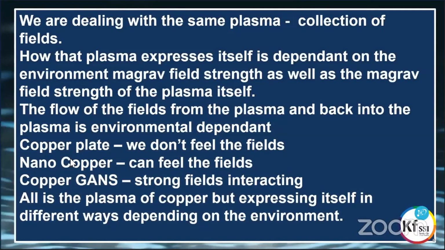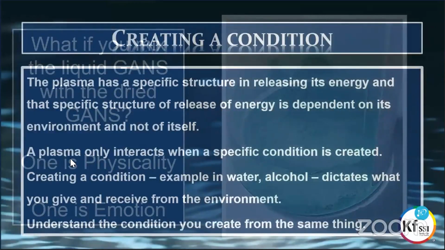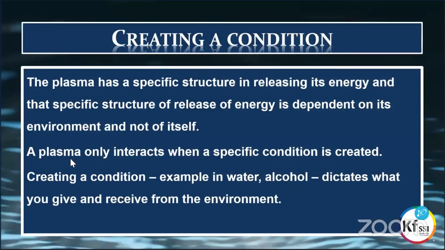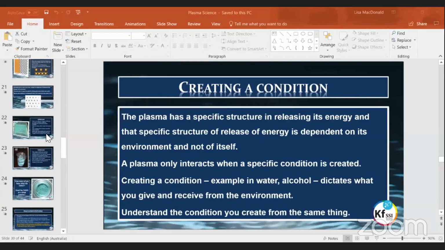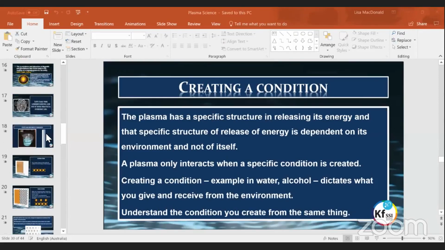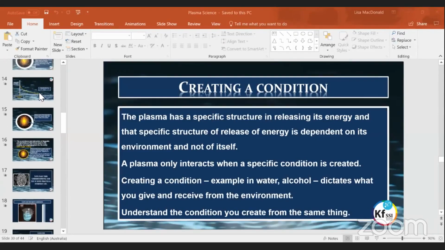Now, looking at it from a microcosm, macrocosm view, the fields that we give off as human beings in the physicality, do our fields also, when they get to a weaker state, transmute into hydrogen and nitrogen?